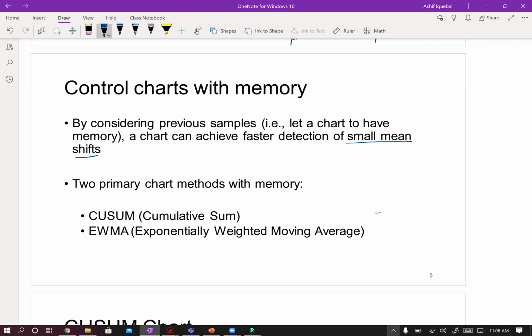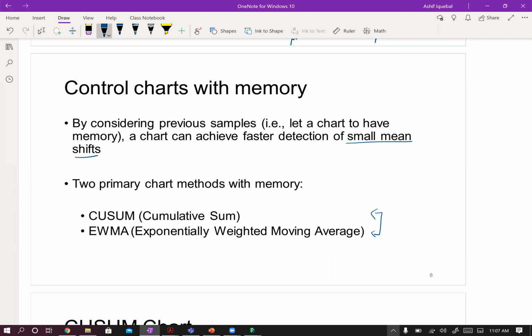And after that, a lot of researchers have been working on this domain of change point detection, detecting when the process mean changes. As some of you are already downloading and reading papers, you will see that somewhere they will mention CUSUM or EWMA, or some variant of CUSUM or EWMA.